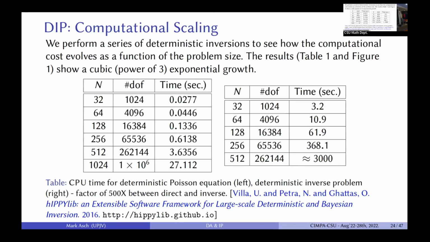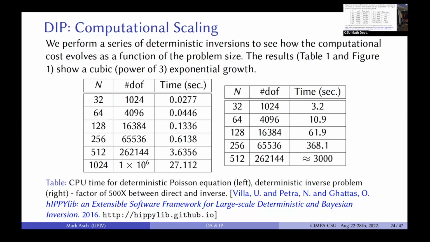Let's look at 256. To solve a problem of 256 by 256, in other words about 50,000 unknowns, a system of 50,000, it takes 0.6 of a second on my laptop.